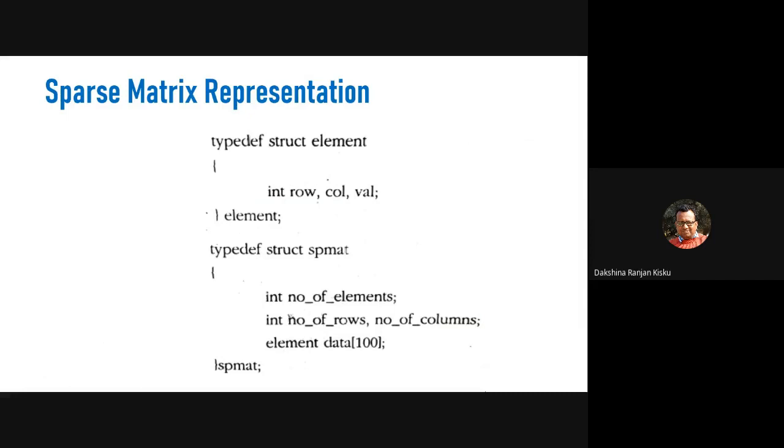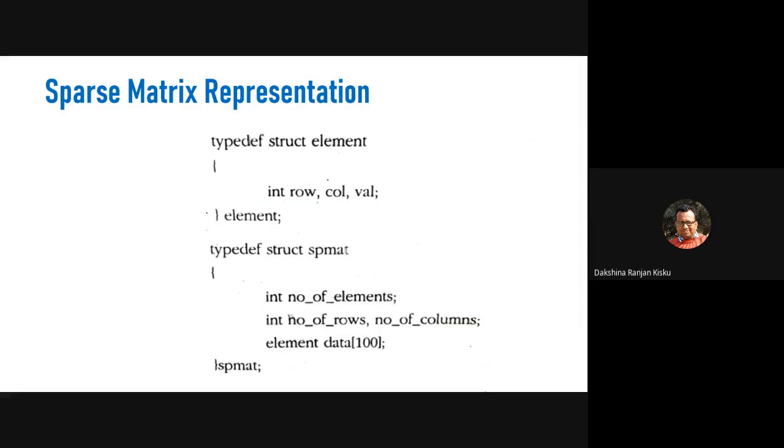Here we declare an array data, which will be of type element, that means the structure type. So when we declare data[100], this array of type element, then the element will refer to the structure type.